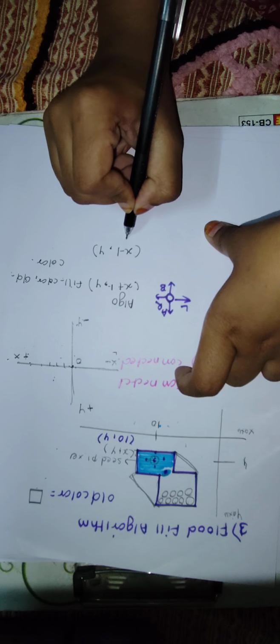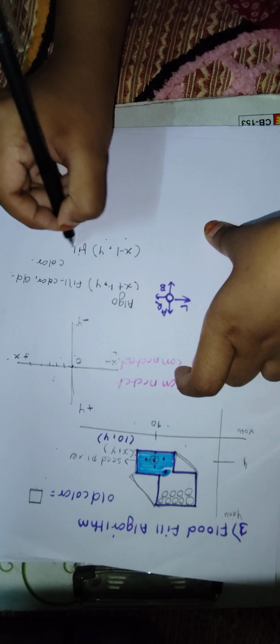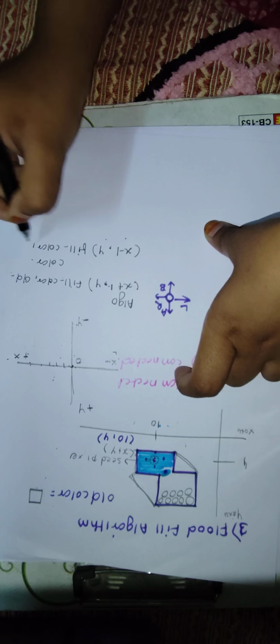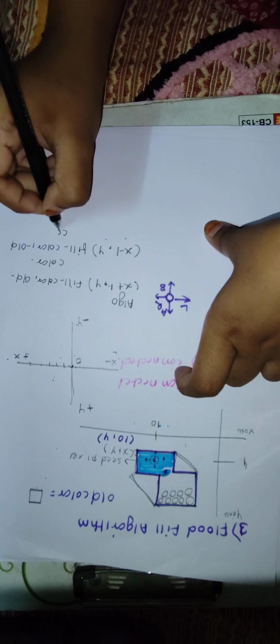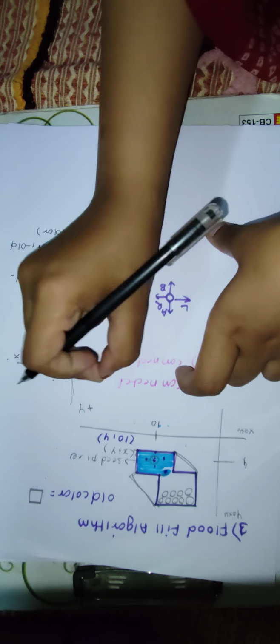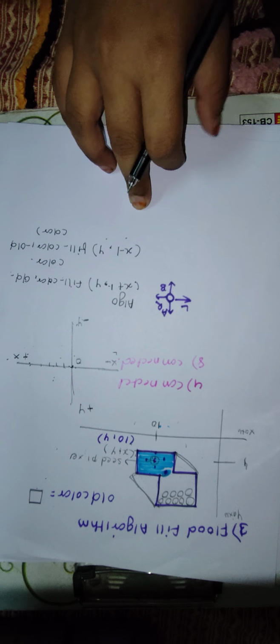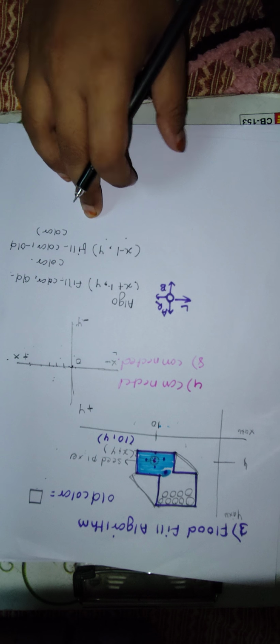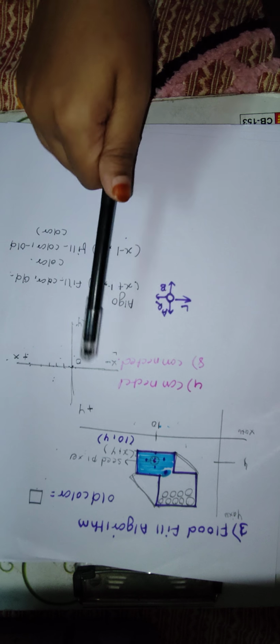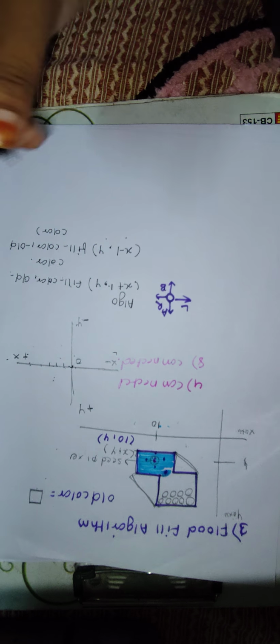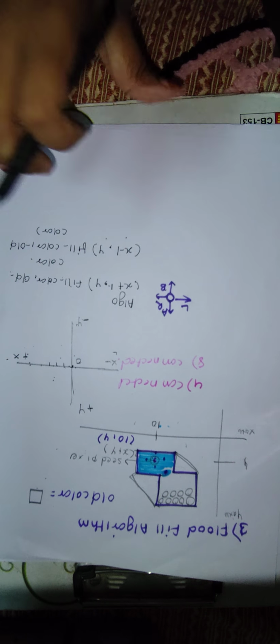So we have to calculate fill color and old color. We have to fill each pixel available here using the condition x minus 1 comma y. We give white as the old color and the new color as blue.